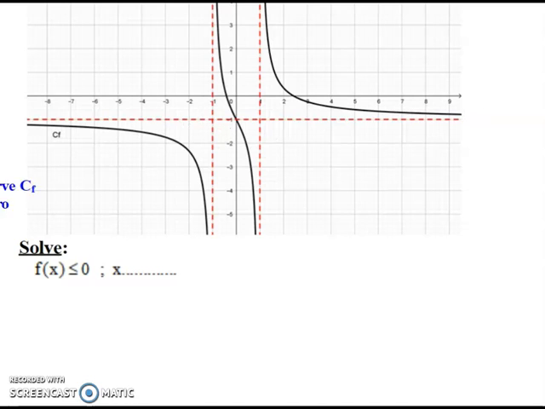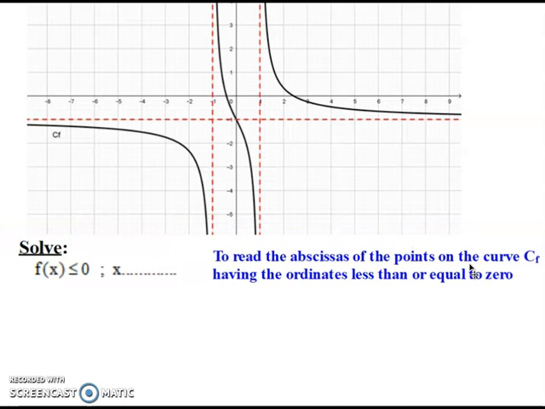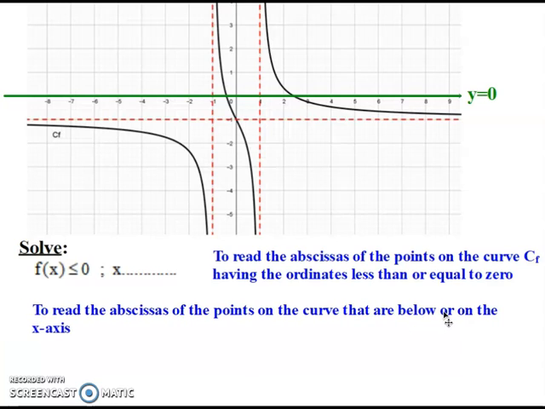So here we have to read the abscissas of the points on the curve having the ordinate less than or equal to 0. Or we can plot the line y equals 0, which is nothing but the x-axis, as we said before. And we have to read all the abscissas of all the points on the curve that are on the x-axis or below the x-axis.